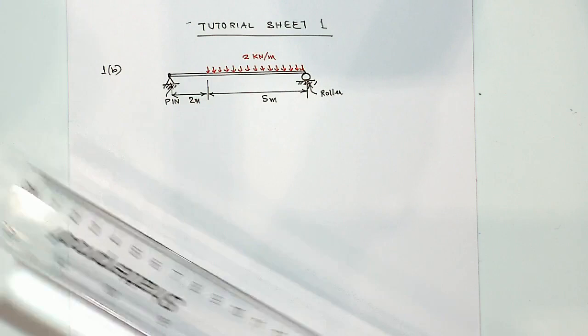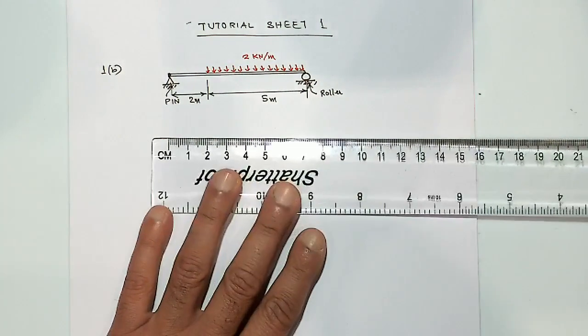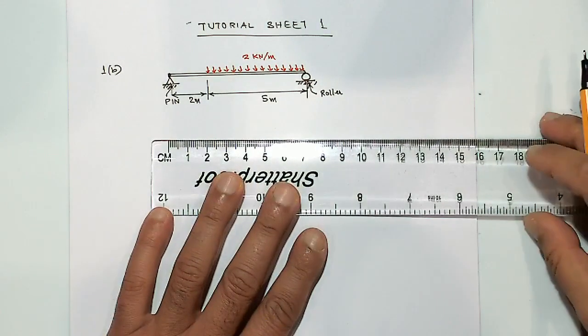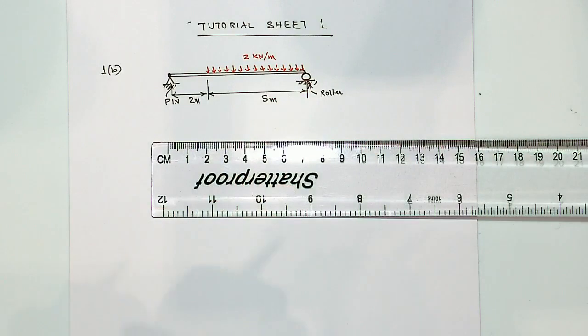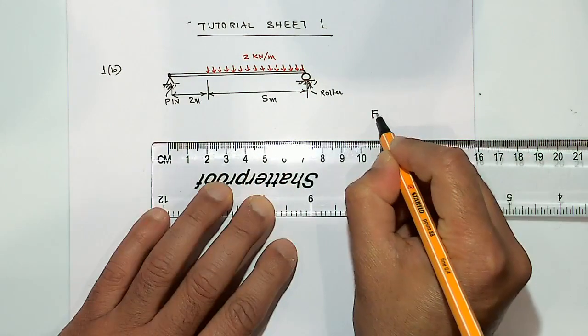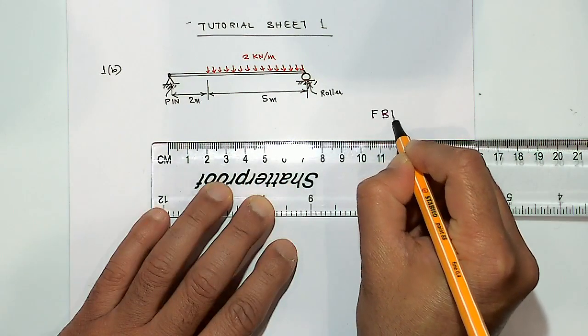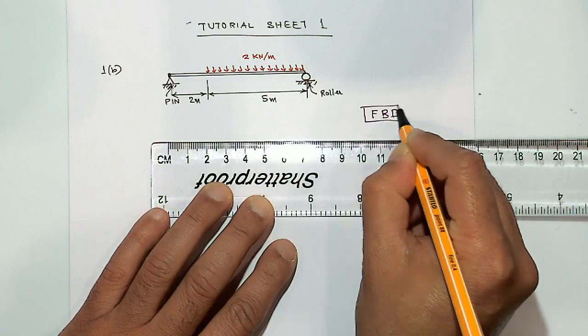To get the reaction forces, the first thing you need to do is to draw the free body diagram, and you know what a free body diagram is. So the first step is to draw the free body diagram, or FBD for short.